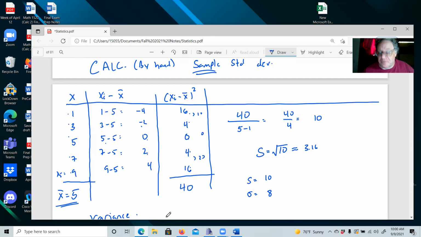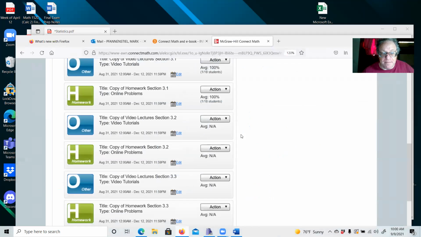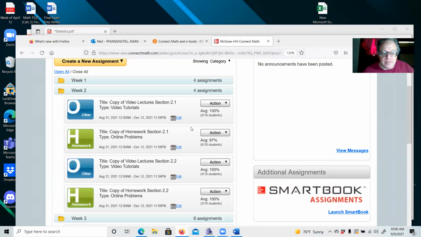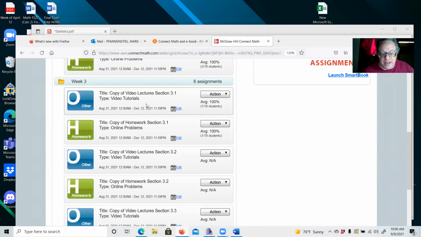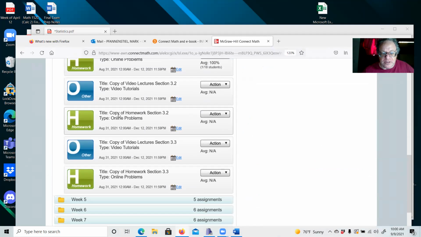Speaking of which, let's do a few. Here's our copy of homework 2, standard deviation.